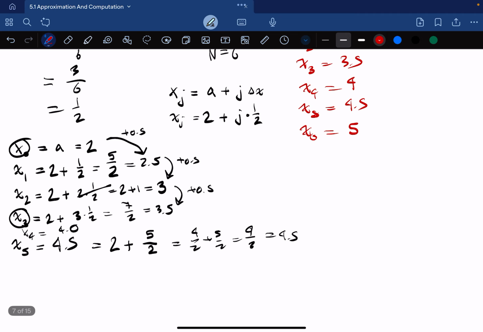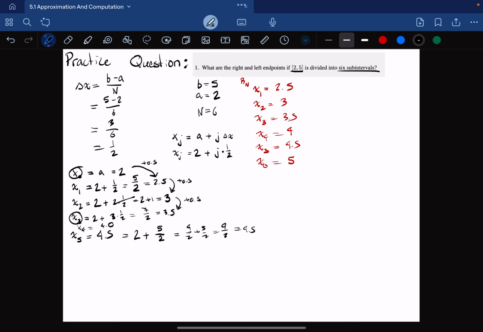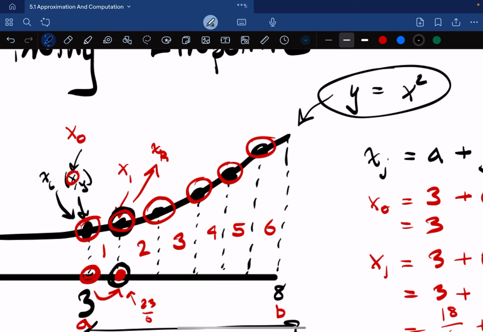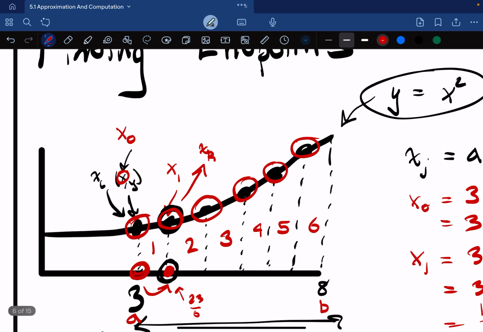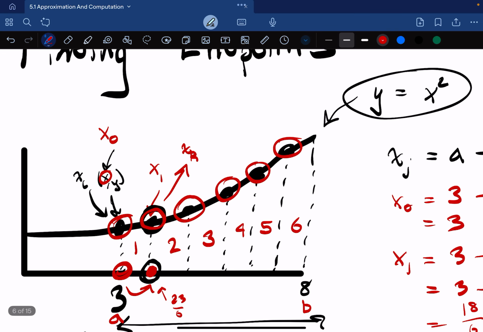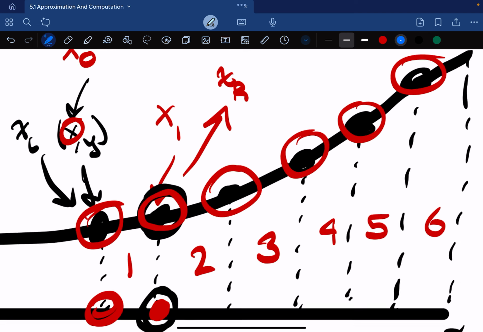Perfect. Now, something I would like you guys to keep in mind is just as the starting points are different, the ending points are also different. So, I'll do this in blue and red. We're going to say that red is going to be our right endpoint, and that blue is going to be our left endpoint.